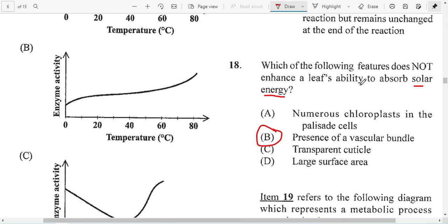So too would A. But of course, as it relates to absorbing solar energy, B would not assist with that. So all the others are true for photosynthesis, but B is not true for absorption of solar energy. All the others will aid the plant in absorbing solar energy. So B is our answer here for question number 18.